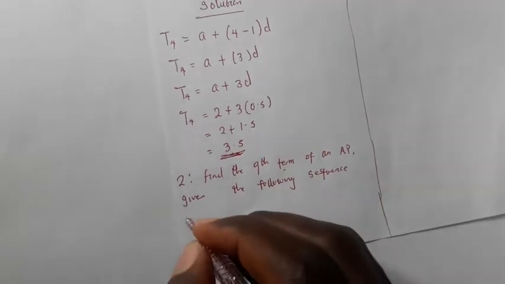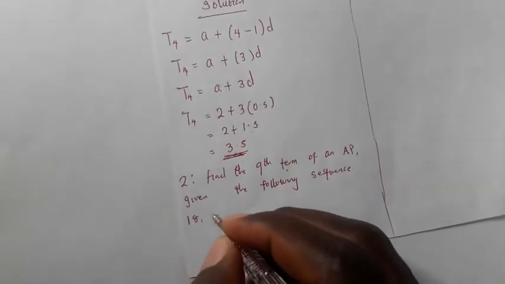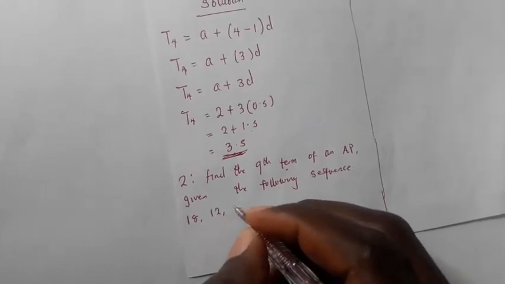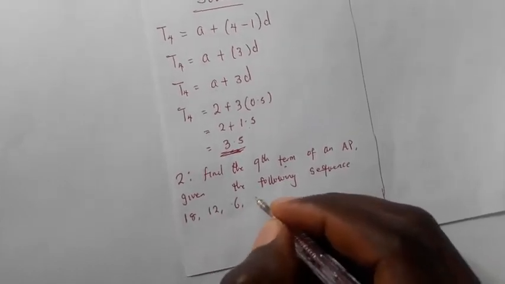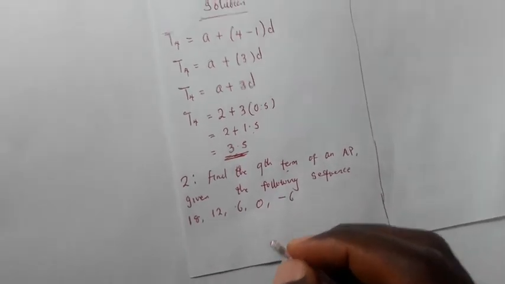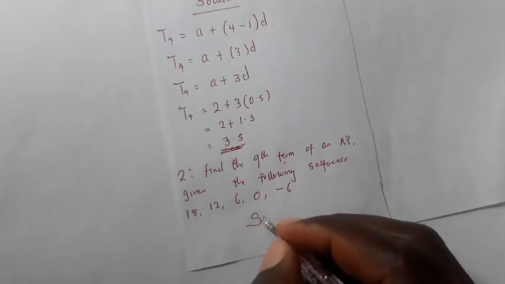The sequence are 18, 12, 6, 0, minus 6. Solution.